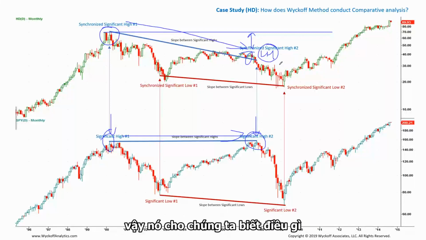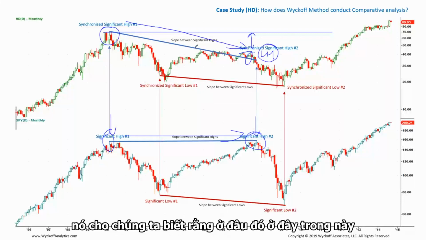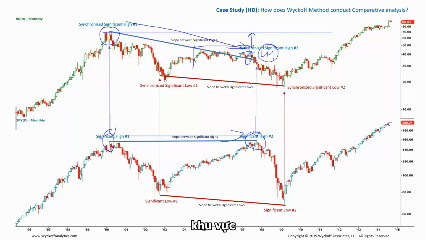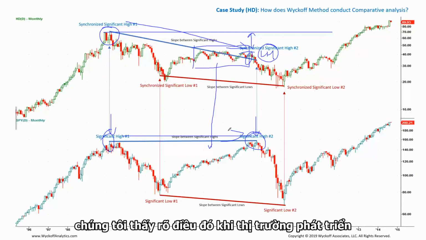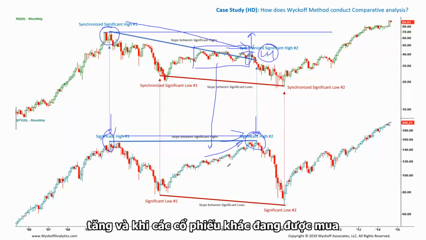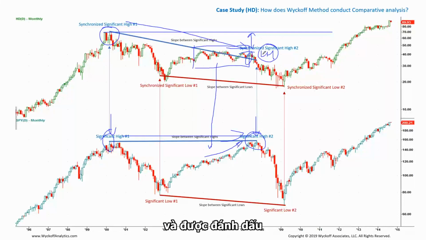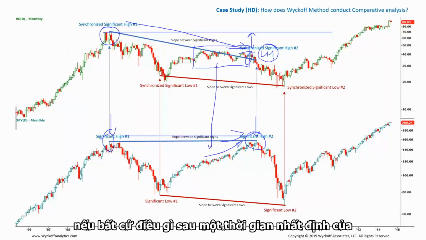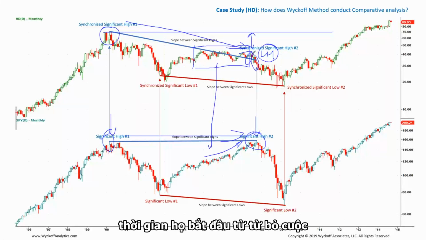So what does it tell us? It tells us that somewhere here in this area, we're clearly seeing that as the market goes up and as other stocks are being bought in and marked up, Home Depot was not of interest to institutions whatsoever. If anything, after a certain period of time, they started slowly giving up on their shares.